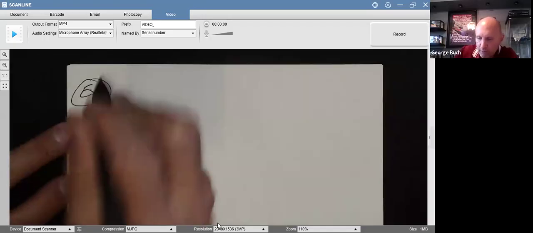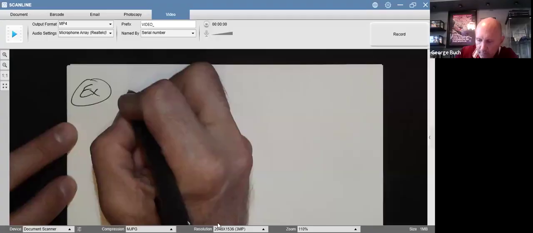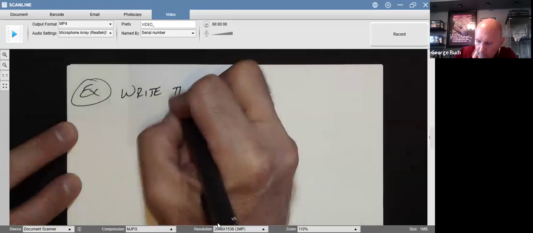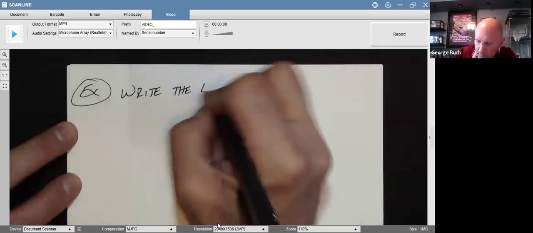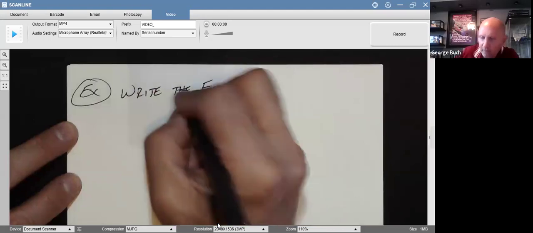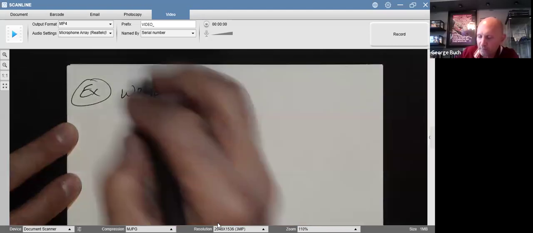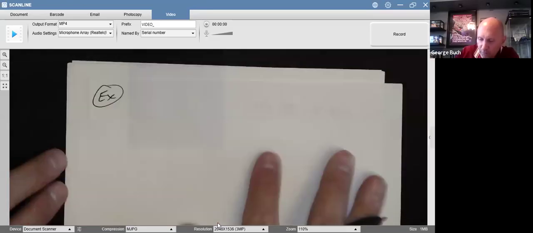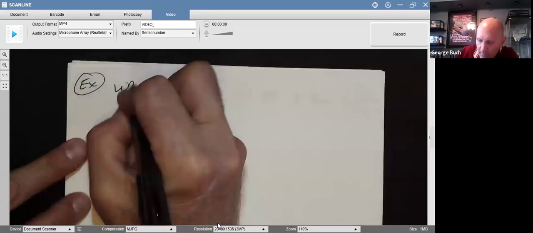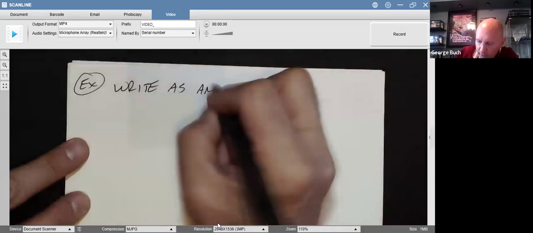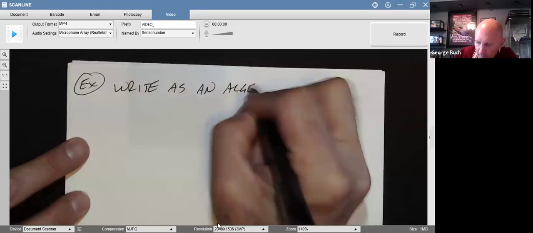So I have the following: write the expression, let me flip the page and start over. Write as an algebraic expression.